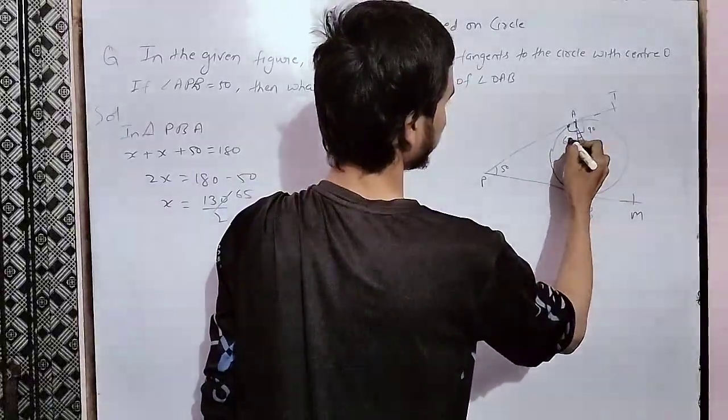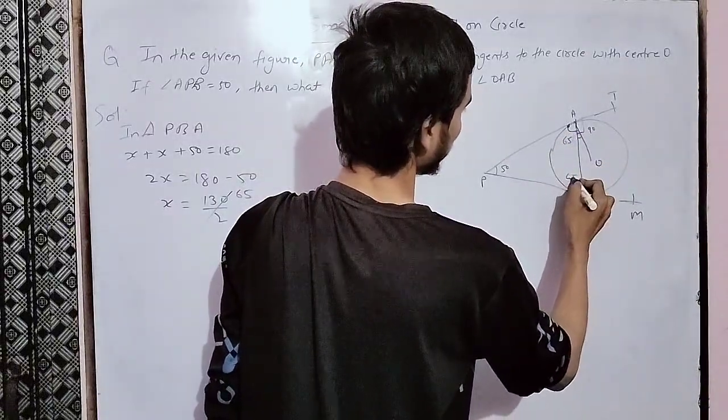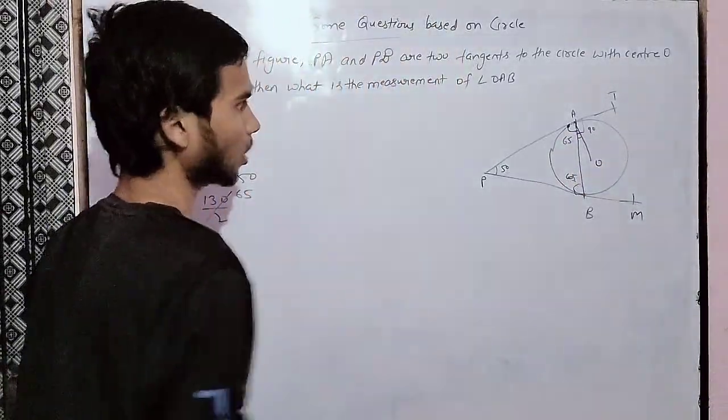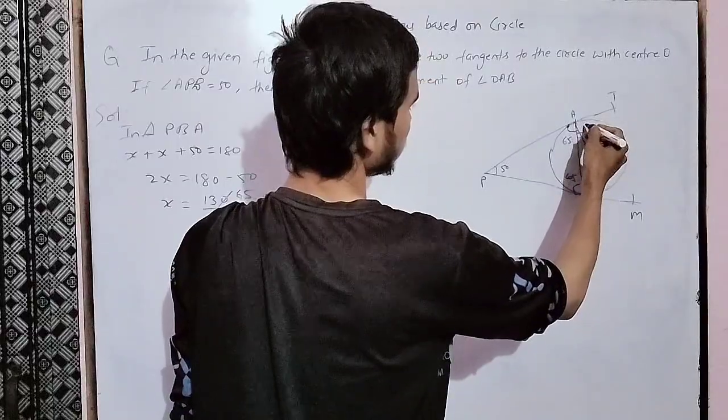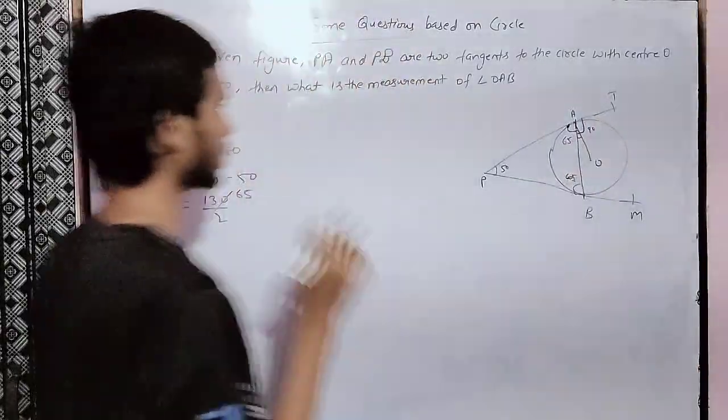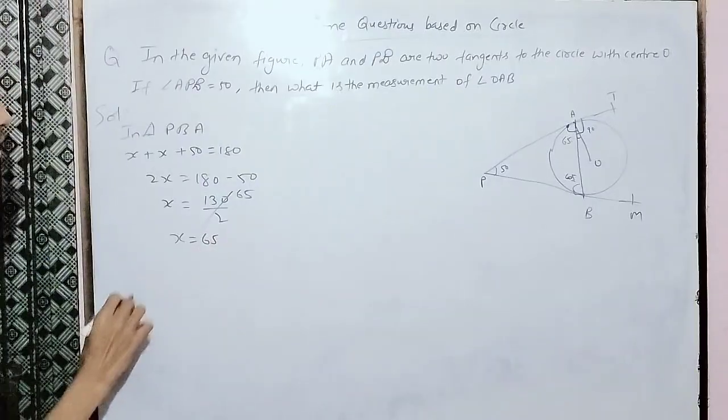This is 65 and this is 65. Now here this is 90 degree and this is 90 degree. So x is 65.